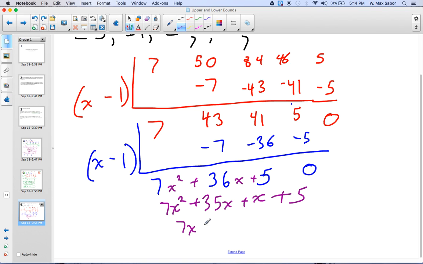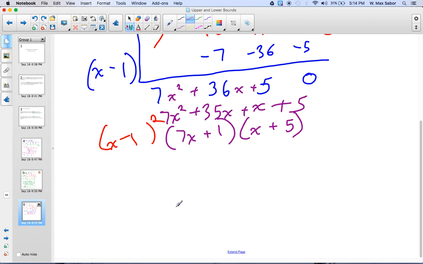So (7x plus 1)(x plus 5). And then we can multiply by the x plus 1 factor that we got twice. So what are our roots? We have -1 with a multiplicity of 2, we have -1/7, and we have -5.